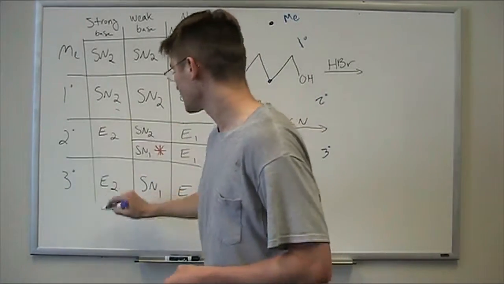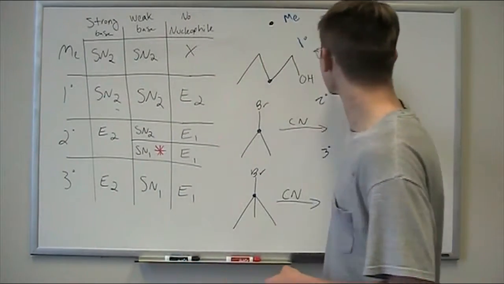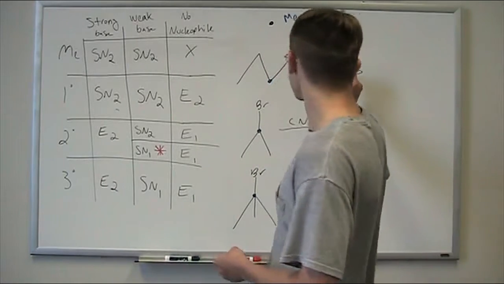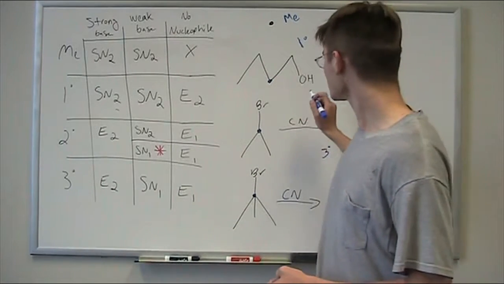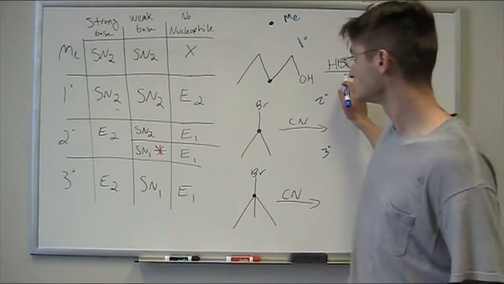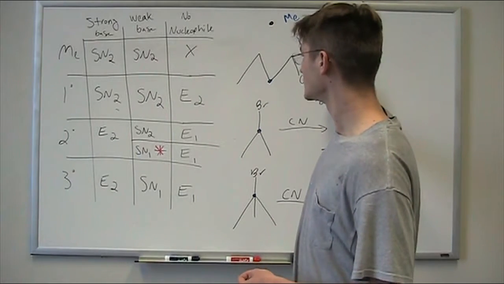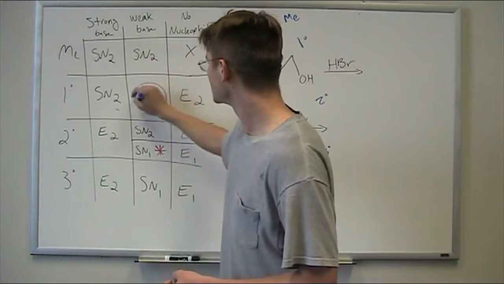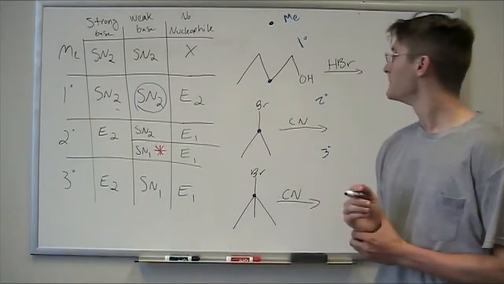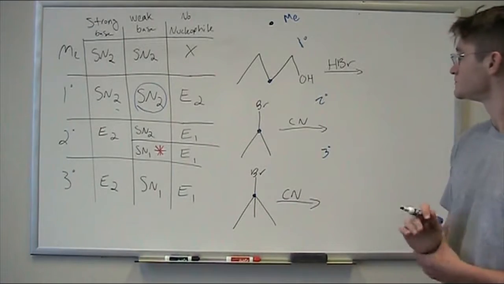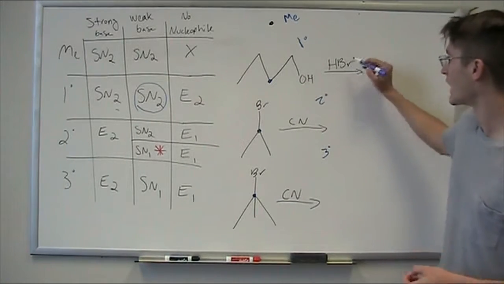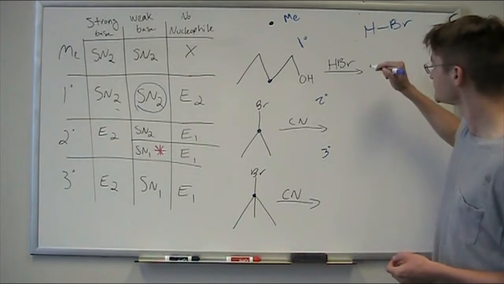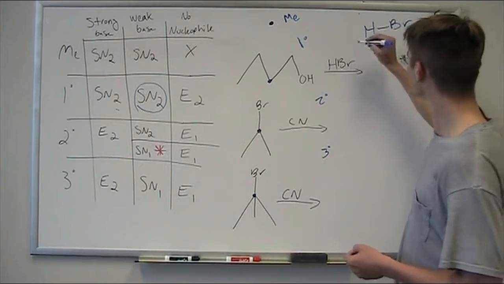It's a 1°, and it's a strong base. Actually, it's a weak base, my bad. But it would still be an SN2 because it's a weak base. We're going to go over it and see how it works. So you have your H, Br, and you have the OH.